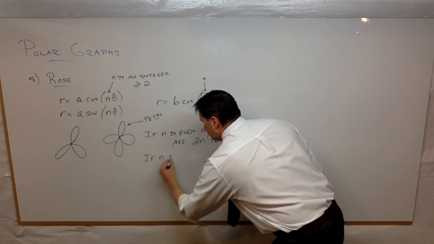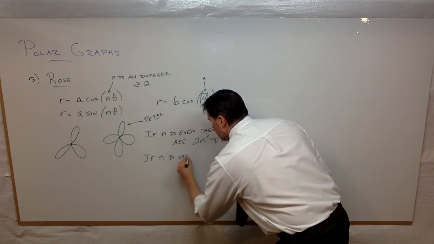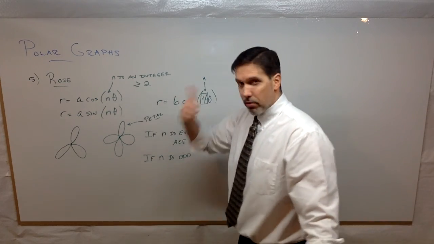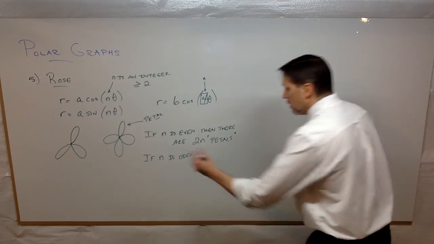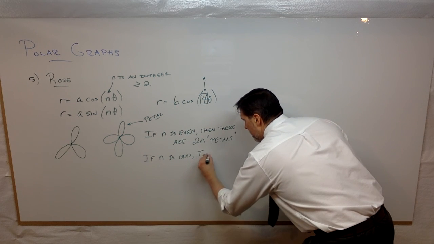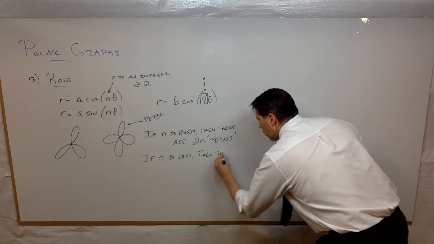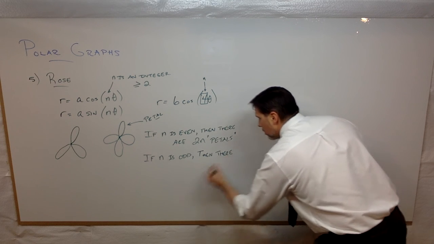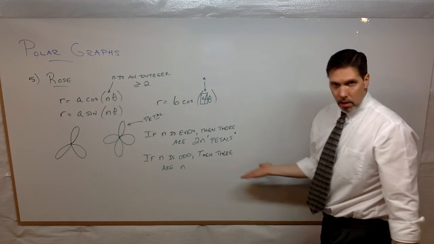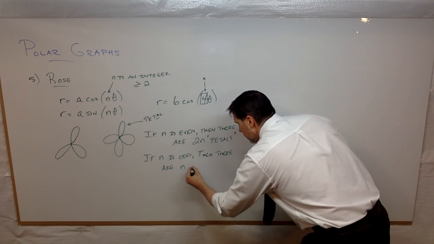If n is odd, and we're throwing out the 1 again, we're starting at 2, so 3, 5, 7, 9. If n is odd, then there are exactly the same number of petals. There are n petals.